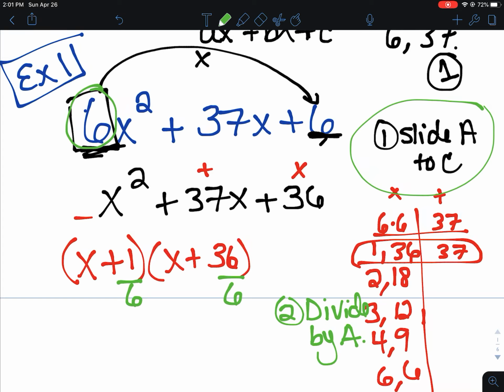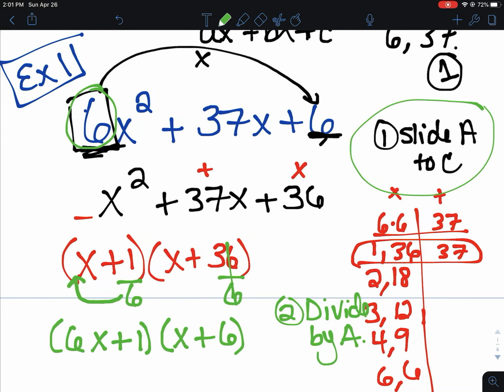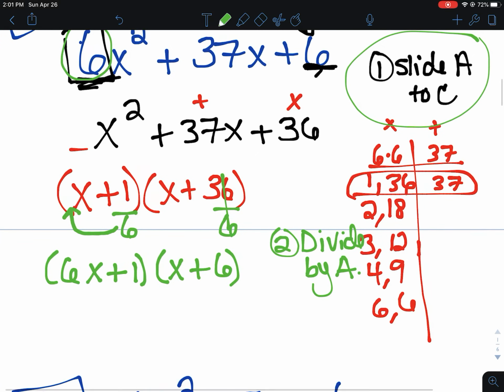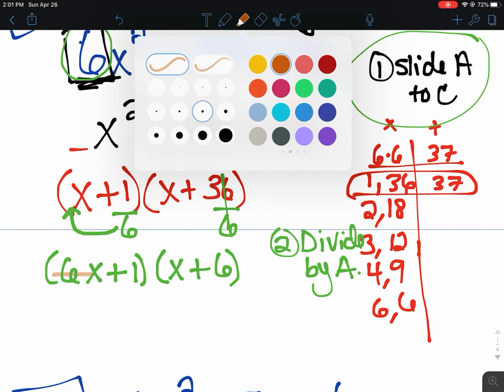Well, in the second factor, 36 divided by 6, that is a number that comes out even. It's going to be x plus 6, right? But 1 divided by 6, that doesn't go in evenly. So what I'm going to do here is move the 6 in the beginning. So I get 6x plus 1. And the reason that we need this 6x in the beginning, right? Let me get a bigger 6x in the beginning here.